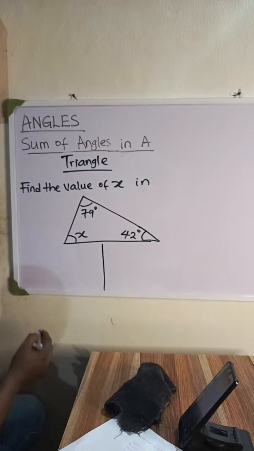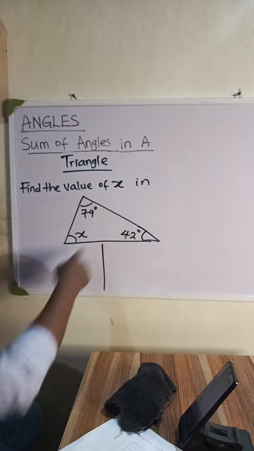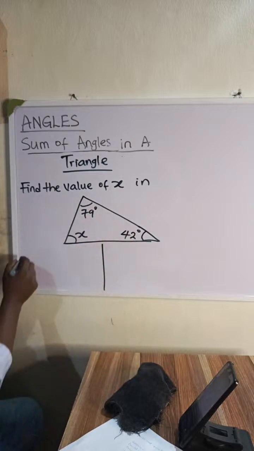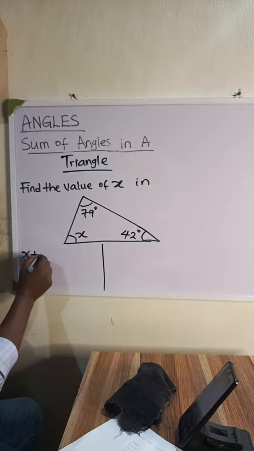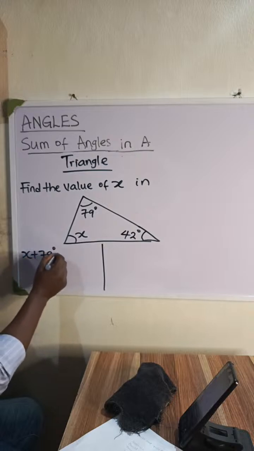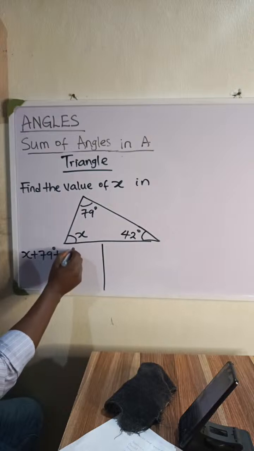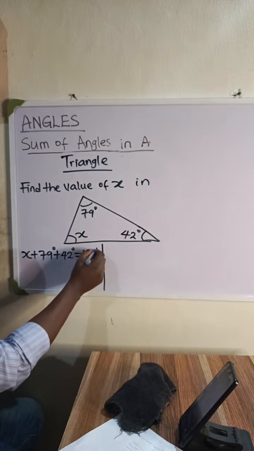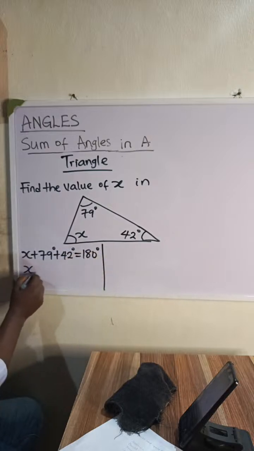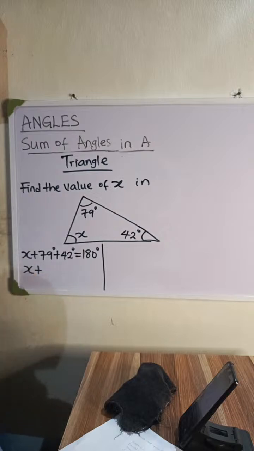So we know that the sum of angles in a triangle is equal to 180 degrees. So this means that all these angles sum up to 180 degrees. So x plus 79 degrees plus 42 degrees is equal to 180 degrees. 79 plus 42 gives us 121 degrees.